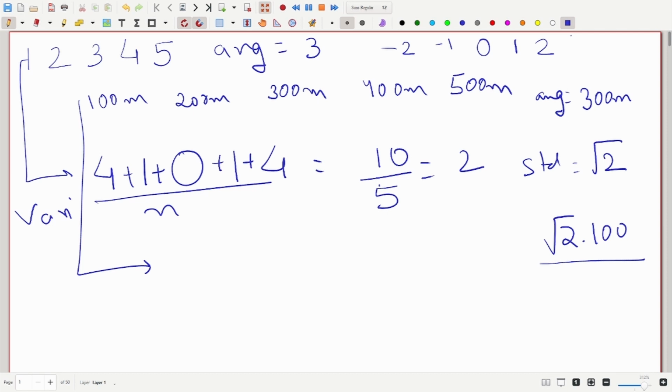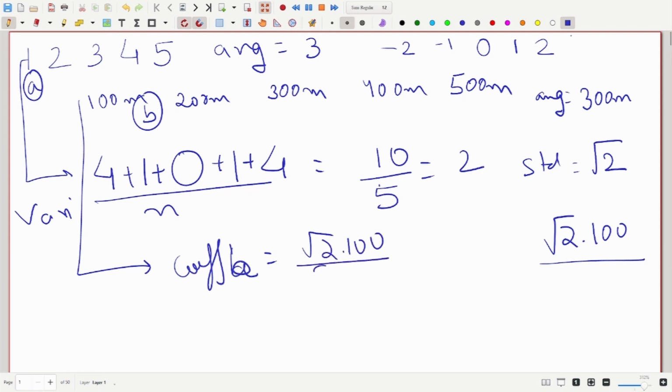Now mind it, what is the coefficient of variation for both of them? Let us say this is data A and this is data B. The coefficient for B is root 2 into 100 divided by 300, and the coefficient for A is root 2 divided by 3.